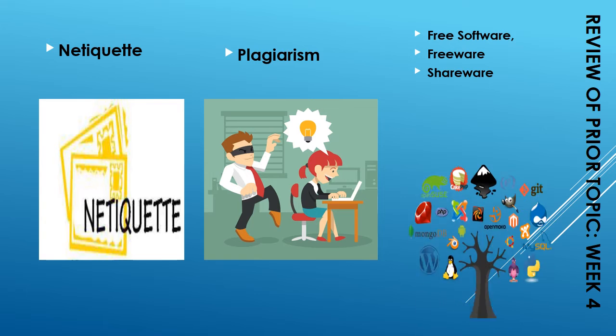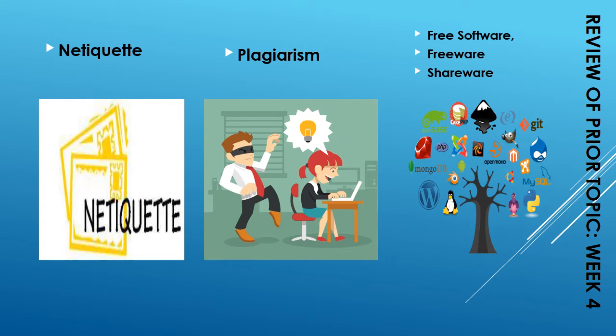And last, we talked about 3 applications, namely free software, freeware, and shareware. These 3 applications can be downloaded freely from the internet and can be used. Free software is software in which users have the freedom to run, copy, change, or adapt it.